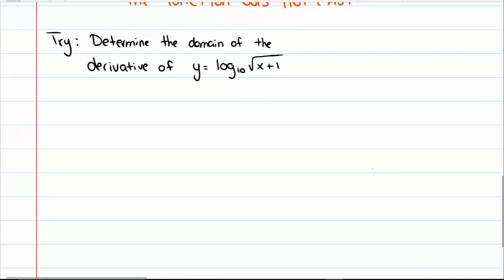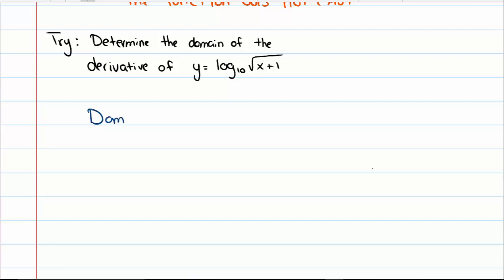So this problem says determine the derivative and the domain of the derivative for y equals log base 10 of the square root of x plus 1. Okay, so the very first thing we're going to do is determine the domain of our original function.